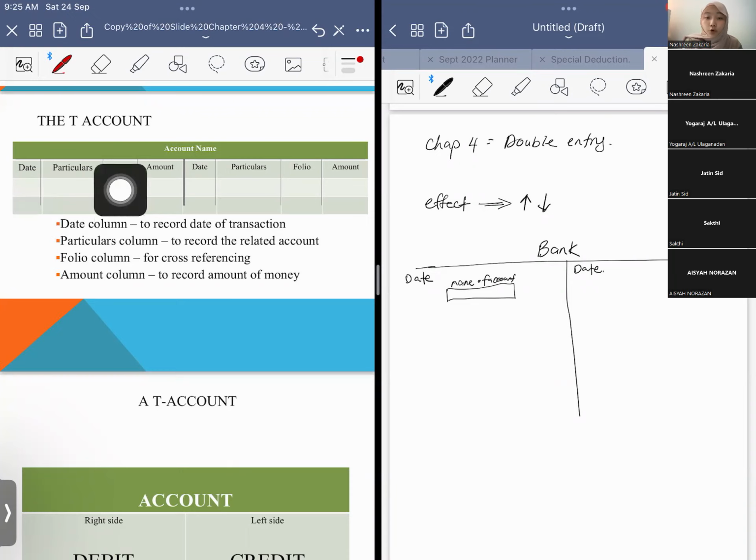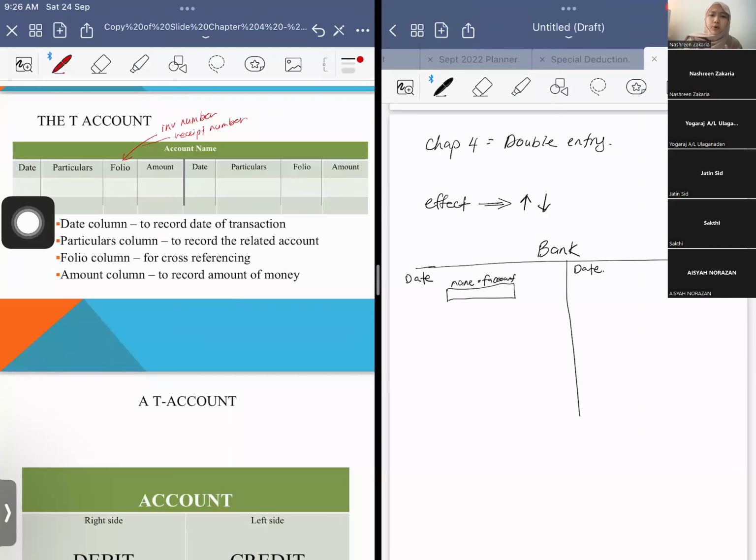Folio here refers to any invoice number or receipt number, anything that you can cross-refer to. And then the amount of the transaction.